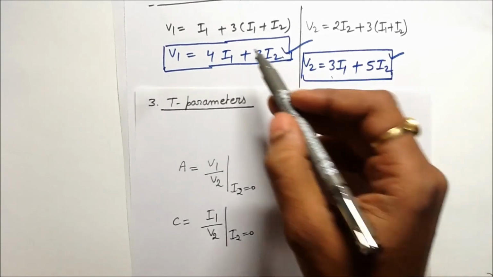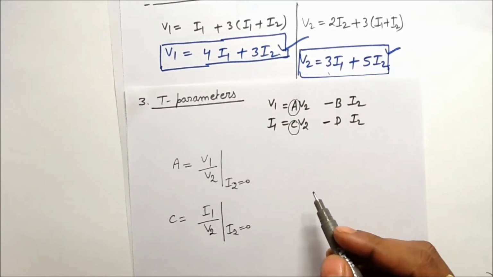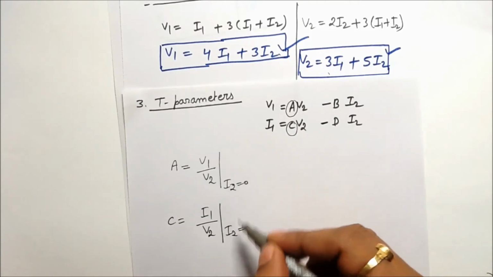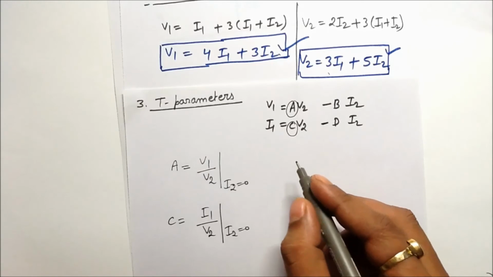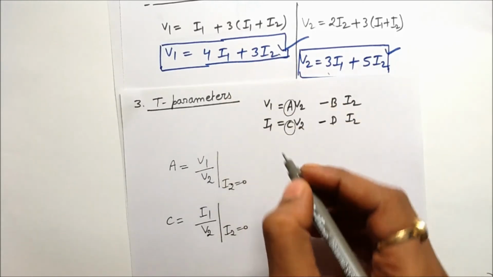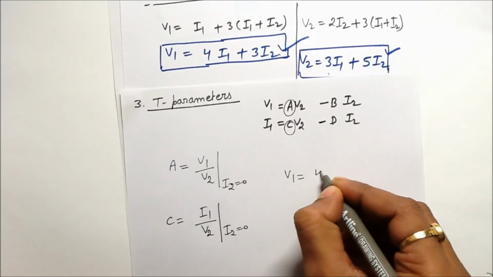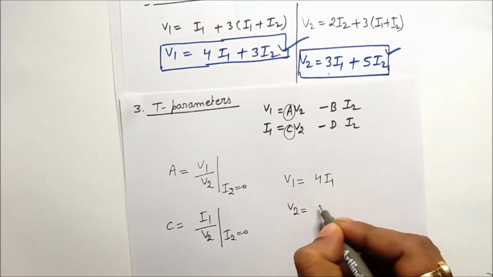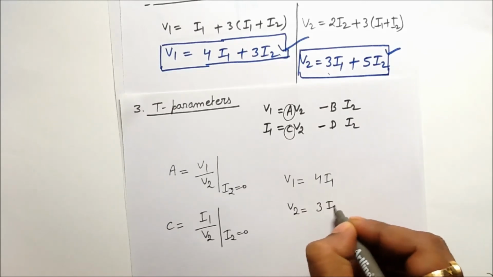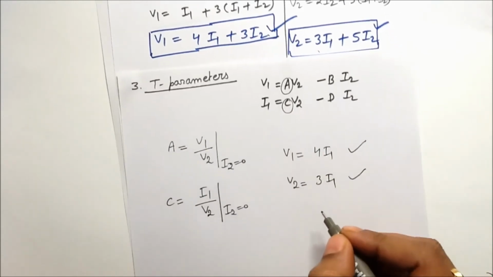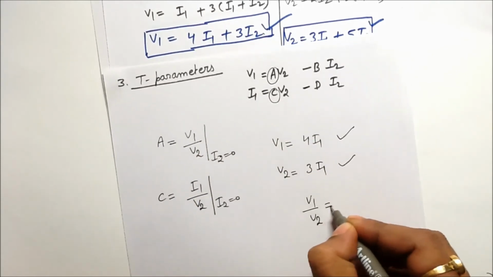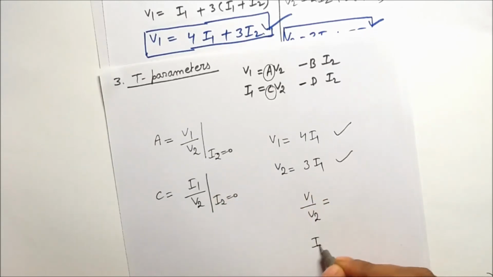So with the help of these two equations we have to find out all the parameters. So put I2 equals 0 in these two equations. I2 is present in this first equation, so it will be V1 equals 4I1, and this equation will be V2 equals 3I1. With the help of these two equations you have to calculate the ratio of V1 upon V2, and the ratio of I1 upon V2.